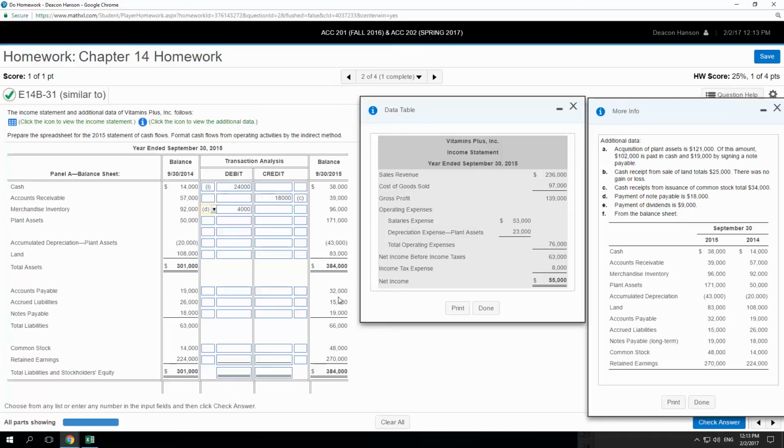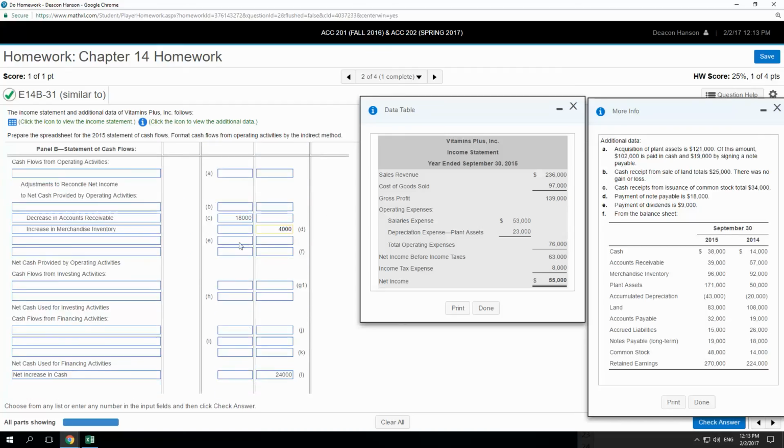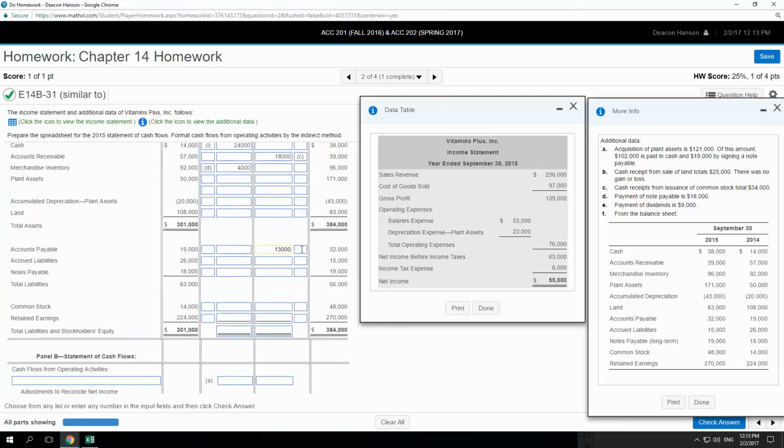So that's a $13,000 increase in accounts payable, and any increase in accounts payable is added back. So let's see what labels they give us. Increase in accounts payable, 13,000. That's cross-reference letter E. So you can put letter E here.